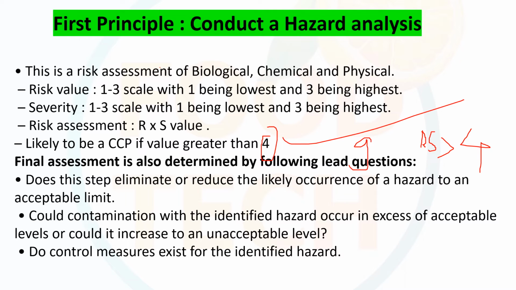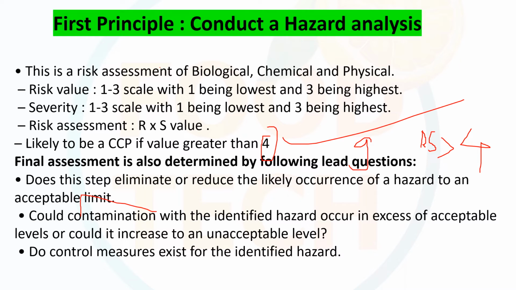And then the final assessment is done, and many things are considered, but some of the lead questions are: what do we have to do to eliminate this hazard, and what are the acceptable levels of contamination? Suppose there is contamination, let's take an example.